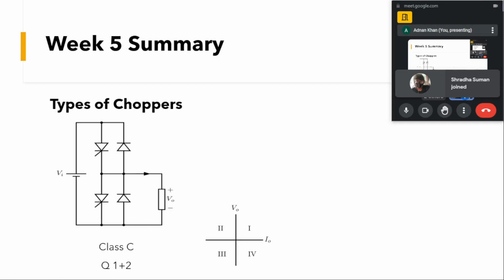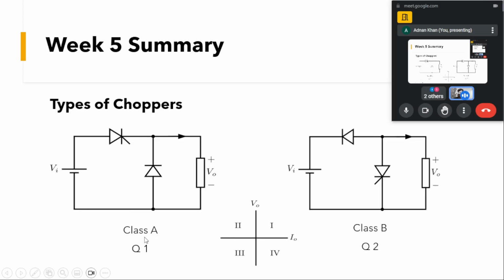Moving towards the other class of chopper, we have the class C chopper. If you take a look at my pointer, this SCR and this diode make it a class A chopper, and with this chopper we had a positive voltage and a positive current.